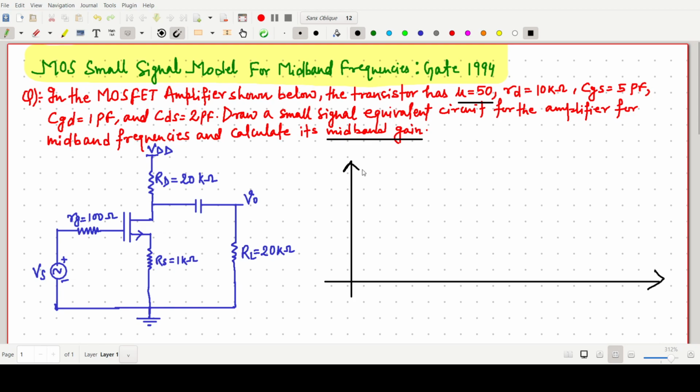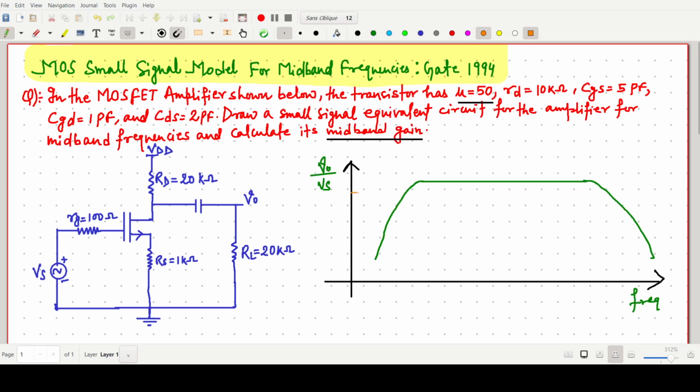The vertical axis is simply our gain, which we can write as Vo by Vs, and the horizontal axis is our frequency. The corresponding graph looks somewhat like a wide band pass filter. This is a rough sketch of a frequency versus gain plot of a MOSFET.